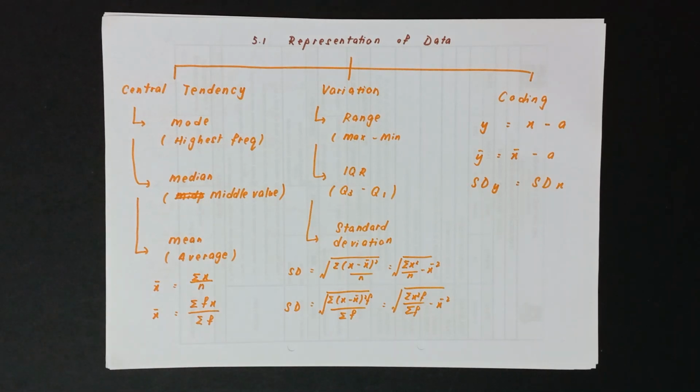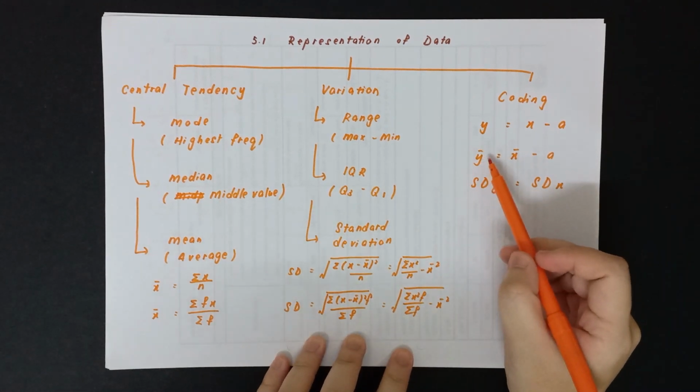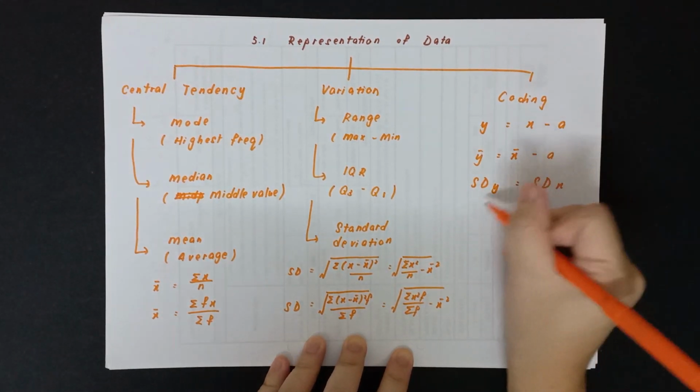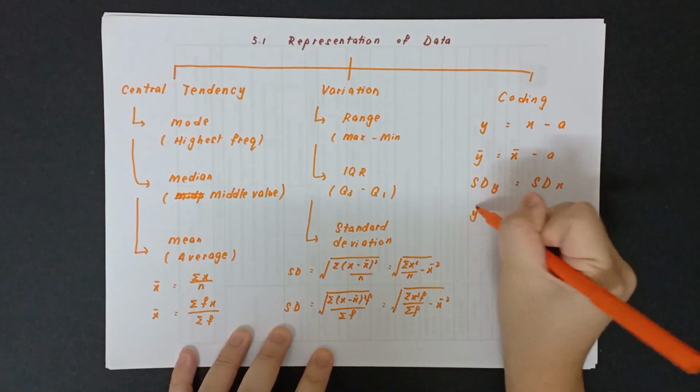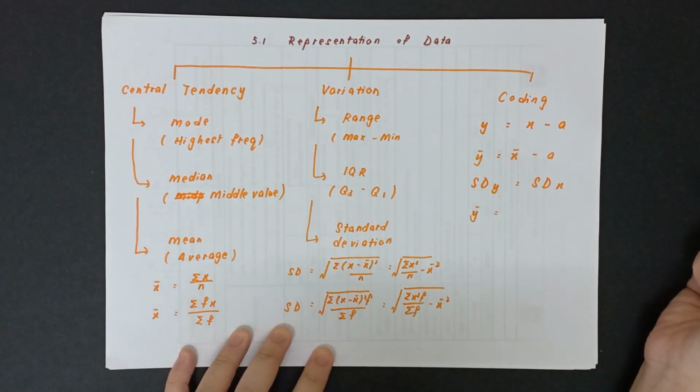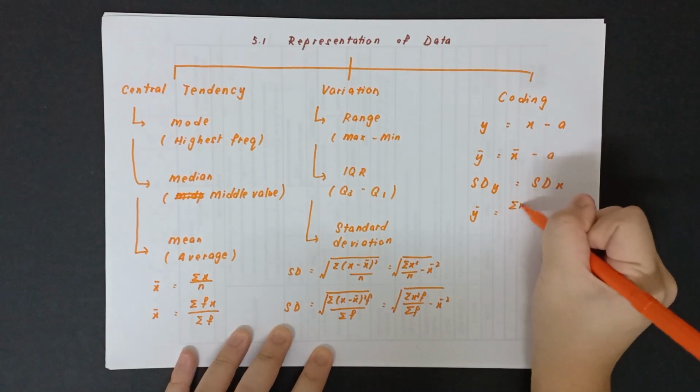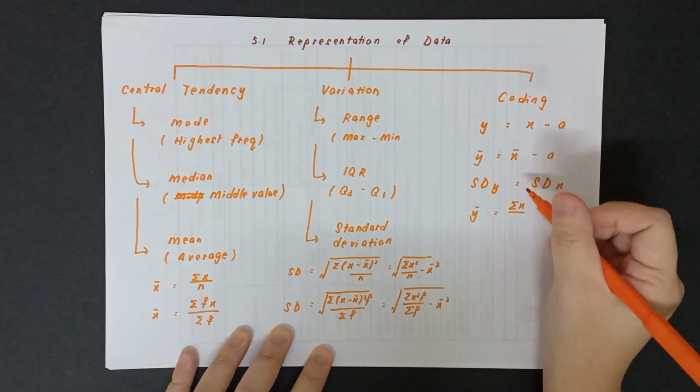Okay, so if you want to identify it, how are you going to write that? You can write it this way: this is the sum of x, so this is the y. So you will be writing the mean for y equals the sum of x divided by n.